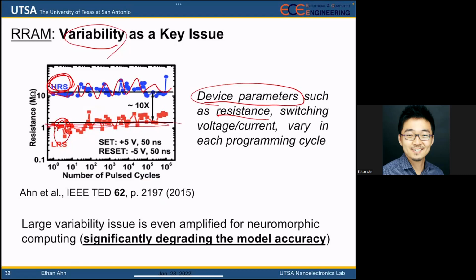It's not one flat line. They fluctuate a lot for different cycles. So resistance, switching voltage, current, they all vary greatly in each programming cycle.